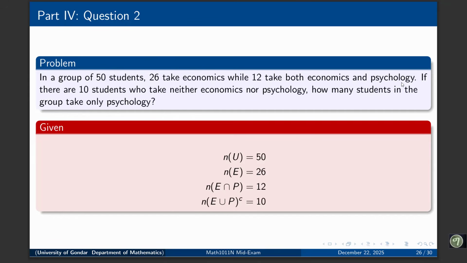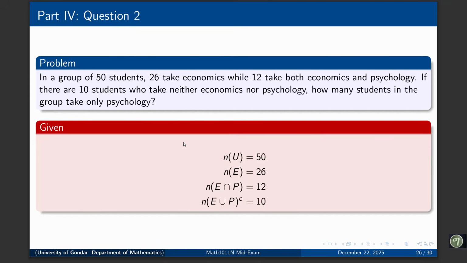And the 10 students who take neither is the complement of the union of students taking economics and psychology, which will be 10.